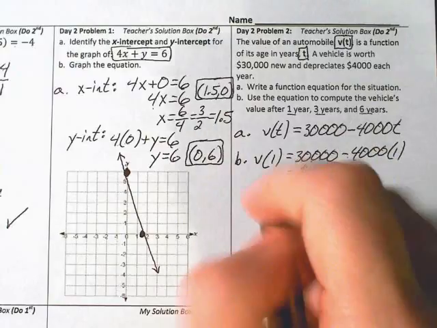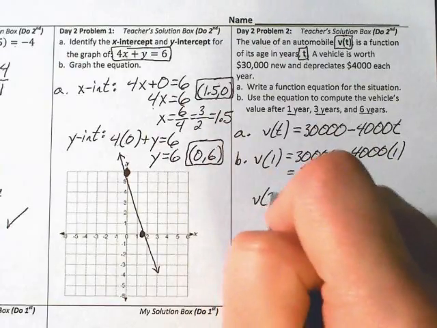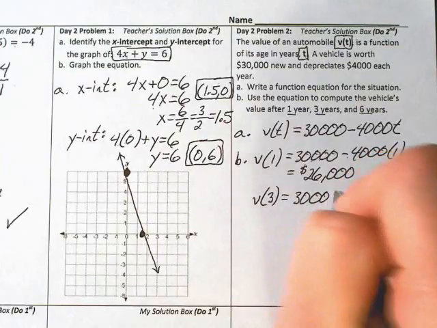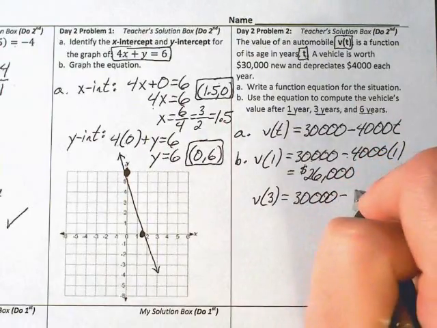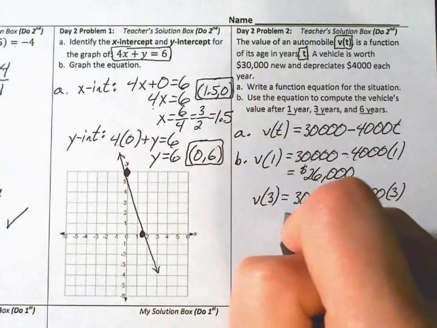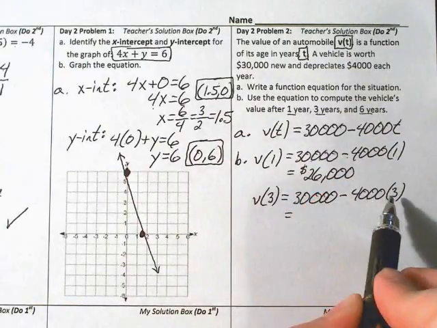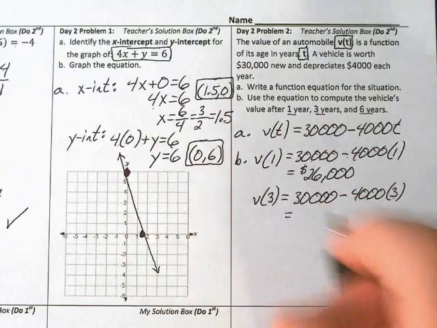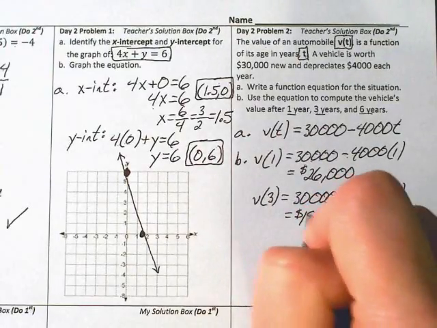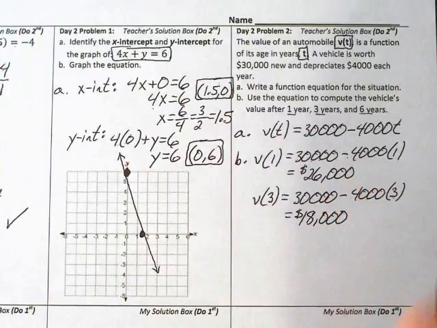Next, for 3 years, let's find V of 3. That is $30,000, subtract 4,000 times 3. 4,000 times 3 is $12,000, and 30,000 subtract 12,000 is $18,000.